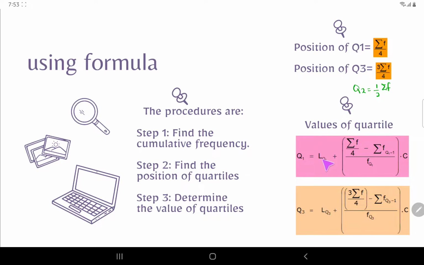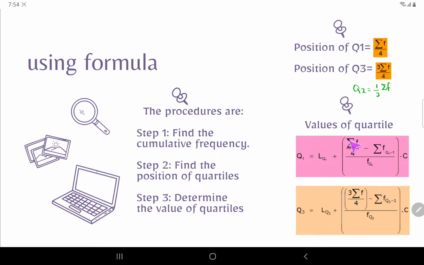The first one is LQ1, where LQ1 is the lower limit of the first quartile class. Here is the lower limit for the third quartile class. L is the lower limit of the class.